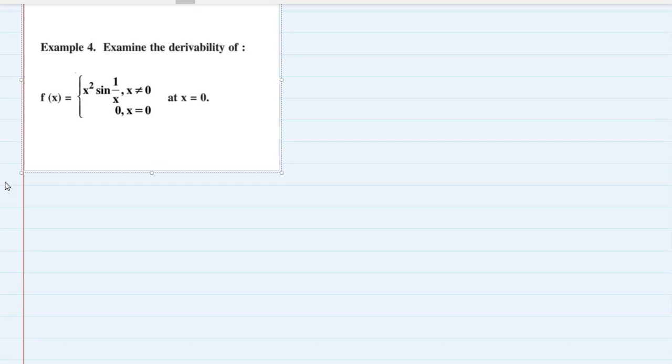Okay, so we have to figure out whether the given function is differentiable or not. Now, this actually does not seem differentiable to me, but we never know, because the formula of differentiability is not as simple as the formula of limits. Checking continuity is a simpler process, but checking differentiability is not. So let's do it. Let's find it out.